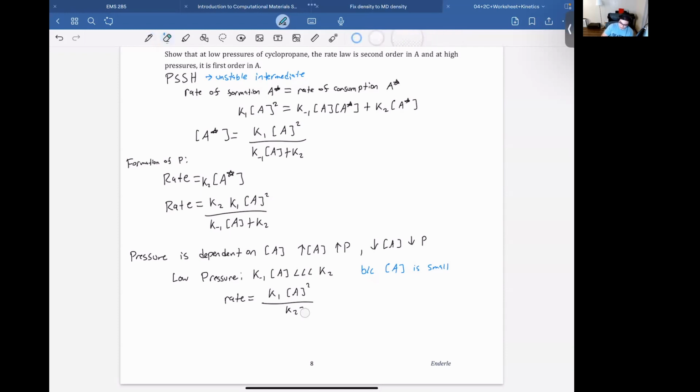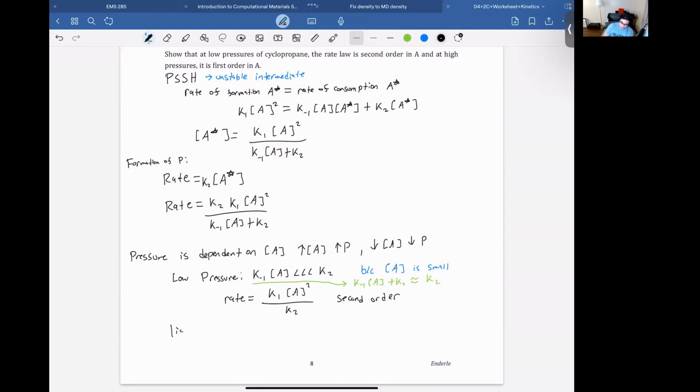You can see here this is second order because it's squared here. Also, I do want to note, you're like, well, where did K minus 1 A disappear to? Again, if this is true, then K minus 1 times A plus K2 is really about equal to K2. Just about.